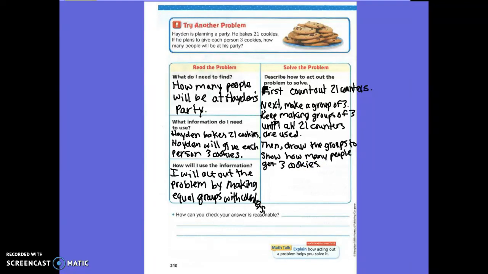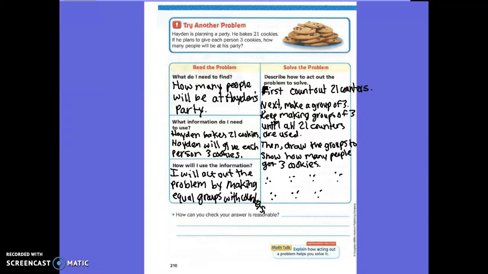Okay, now let's actually show the picture of this. So let's start first with 3. 1, 2, 3. We're going to keep making 3 until we get to 21. 4, 5, 6, 7, 8, 9, 10, 11, 12, 13, 14, 15, 16, 17, 18, 19, 20, 21.